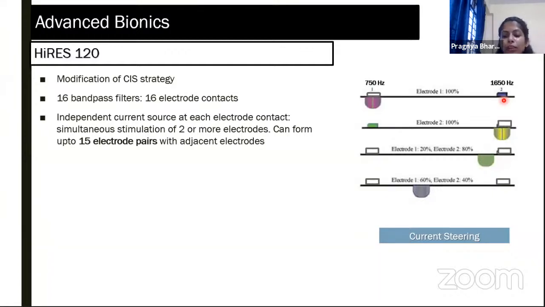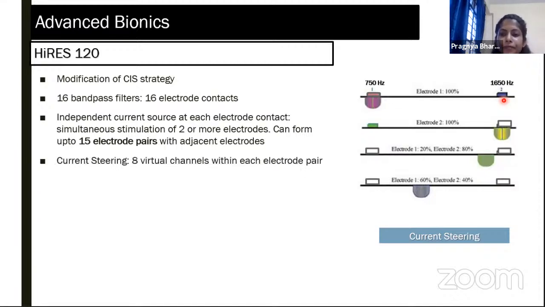If we provide the entire current to the first electrode, it will result in a pitch perception correlating to 750 hertz. If we provide the entire current to the second electrode, it will give a percept of about 1650 hertz.